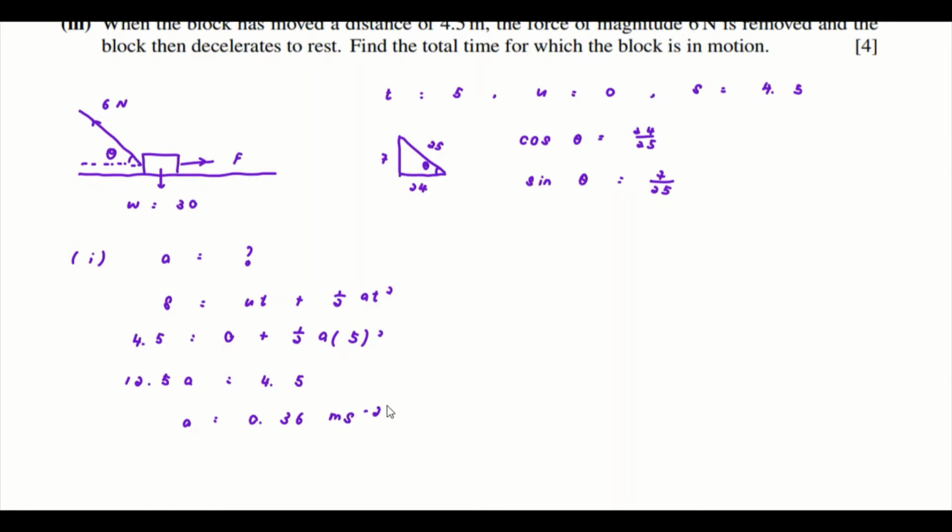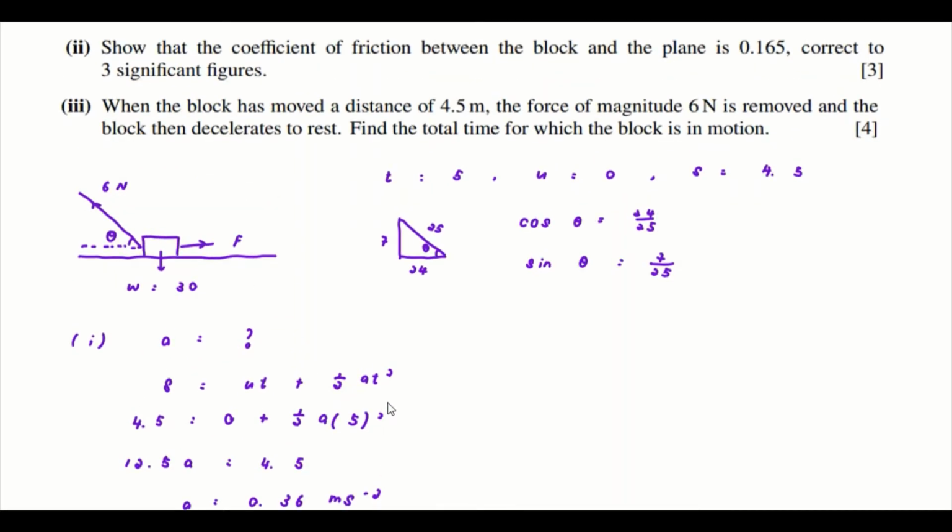Okay, after we got this, now we can move on to the force. The net force is actually equal to ma. So the net force in this question will be 6 cos theta minus the friction, which is what you want to find, equal to the mass 3 kg times acceleration 0.36, as what we found just now.